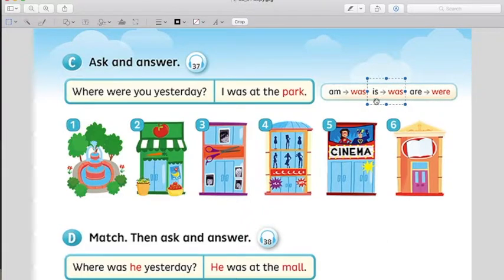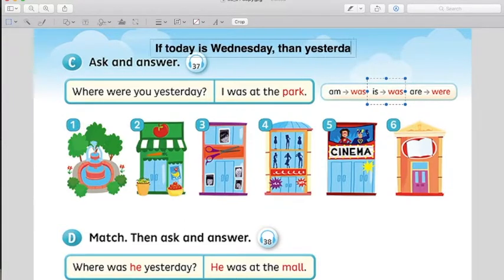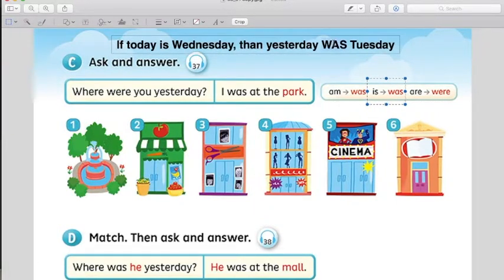You say yesterday was because it's something in the past. Yesterday was Tuesday. Let me write that down. If today is Wednesday, then yesterday was Tuesday.